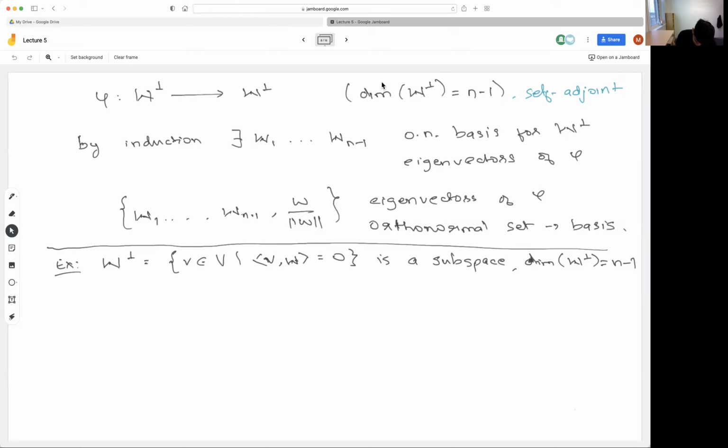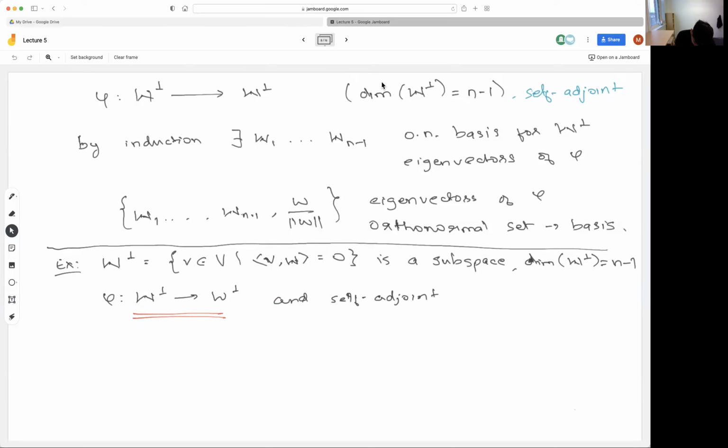Now we want to say that phi acts on this space and maps it to the space itself and is self-adjoint. So the first thing is to prove that the image stays within this set.